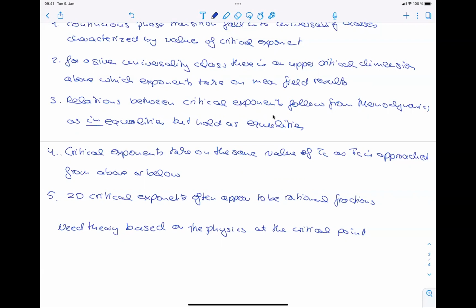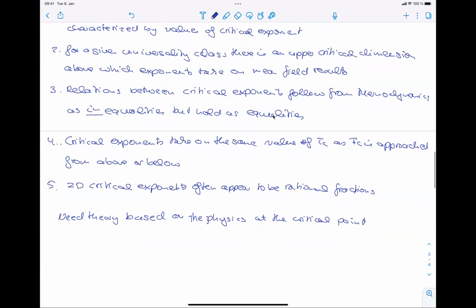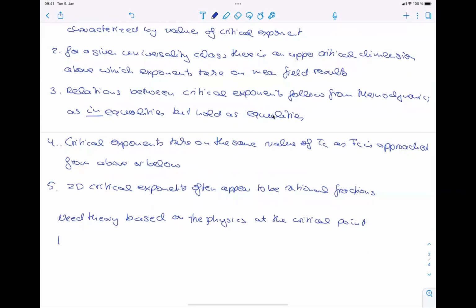And this goes back historically to 1971 and Wilson, who then published the first paper describing the renormalization group.